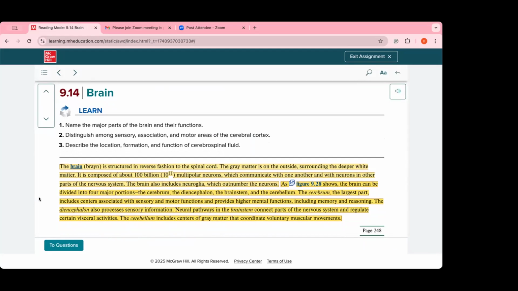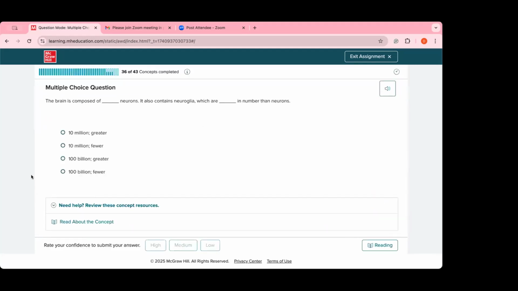It is composed of about 100 billion multipolar neurons, which communicate with one another and with neurons in other parts of the nervous system. The brain also includes neuroglia, which outnumber the neurons. So it's 100 billion, and the neuroglia are more. Okay, so let's go to the question. It's 100 billion and greater, so it's the third one.